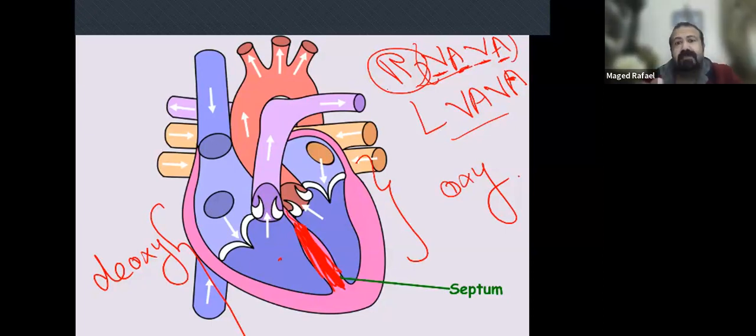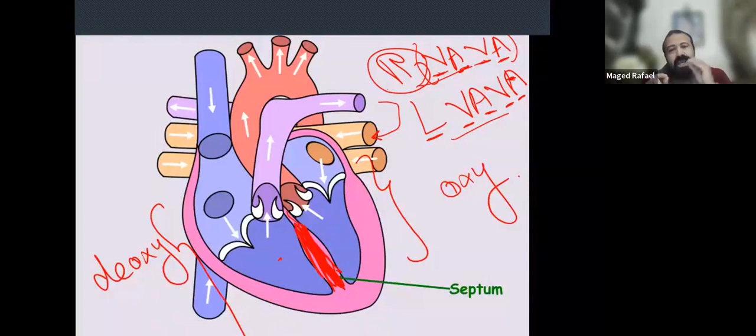After gas exchange, blood will be delivered to the left side of the heart from the pulmonary vein, then the left atrium, and left ventricle, finally to the aorta. So if you remember R Vava, L Vava, I think you will remember everything in the circulation with no doubt.